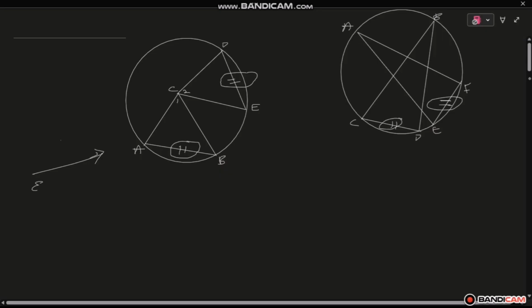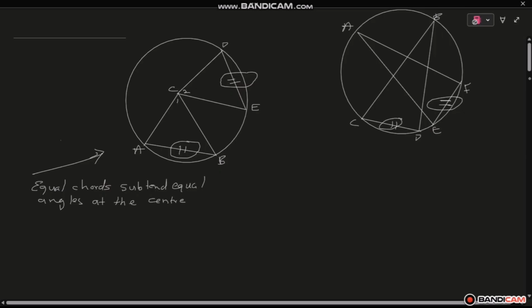So these are 2 theorems. This one, the theorem is equal chords. As you can see, AB and DE are chords. So equal chords subtend or form equal angles at the center.